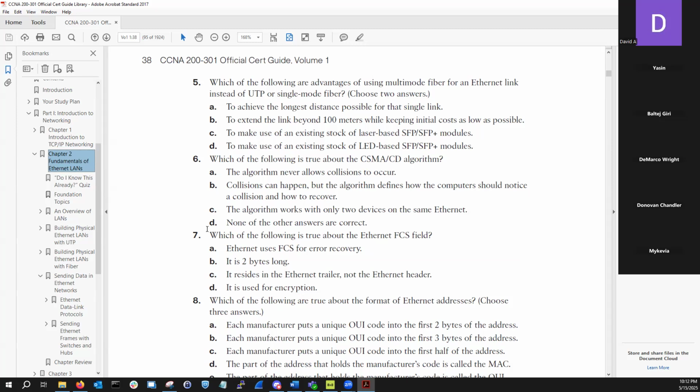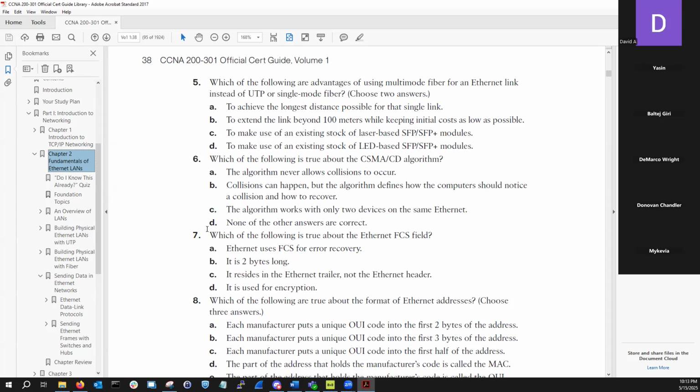I don't know the exact kilometers, but I think it's like 5 kilometers. What about multimode? Multimode is more than 100 meters, I believe. I don't recall 100% how long it can go, but you can definitely go more than 100 meters. Those are the cables that get run from the core switches to the closet switches.